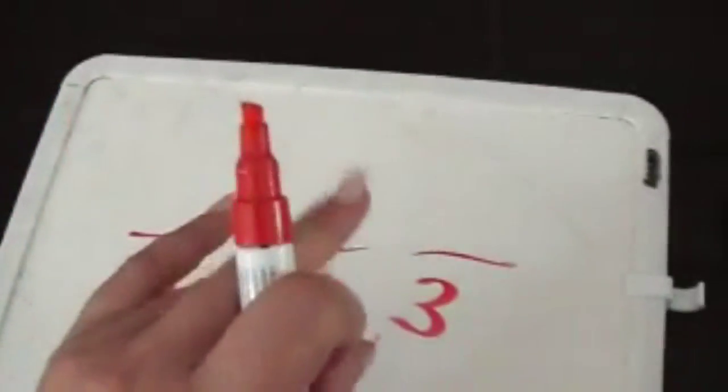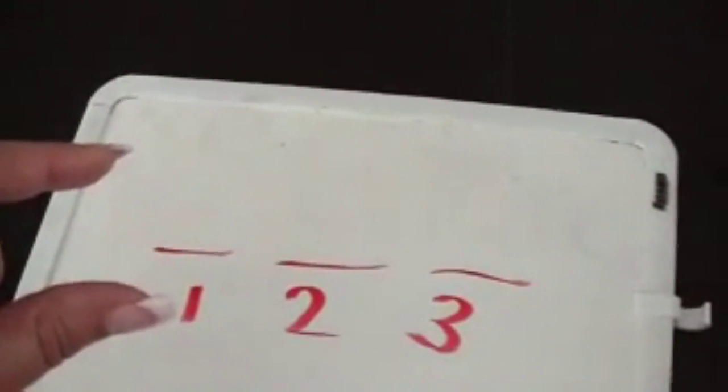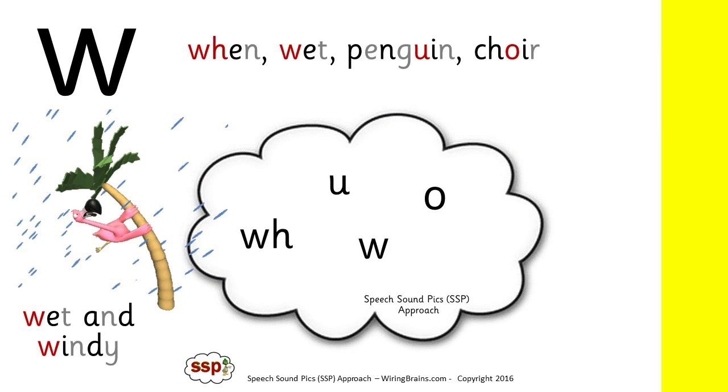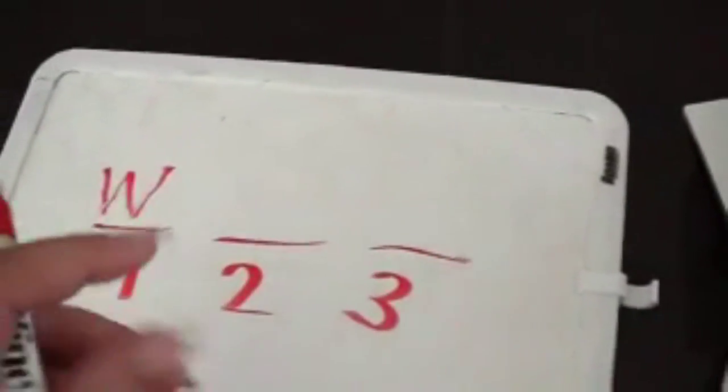Supposing I was to take a picture with my magic speech sound camera of that w, o, z. I'm going to take a picture of w. Say it, w. Take a picture. Well, this is the picture for w in the word was. Listen for the o. W, o, z.